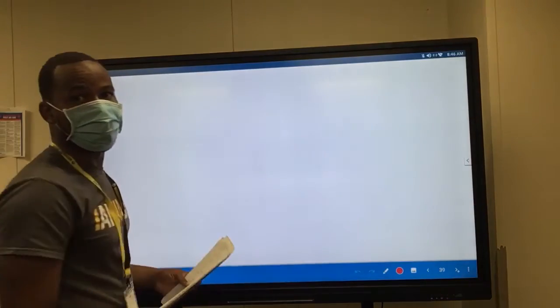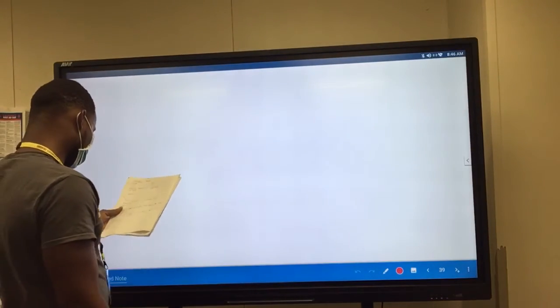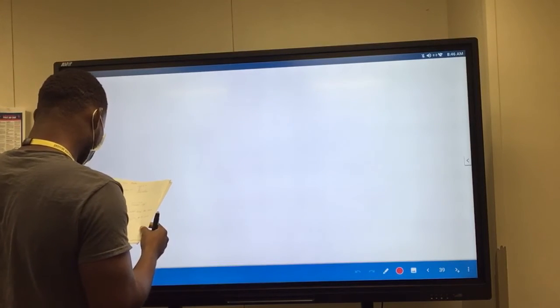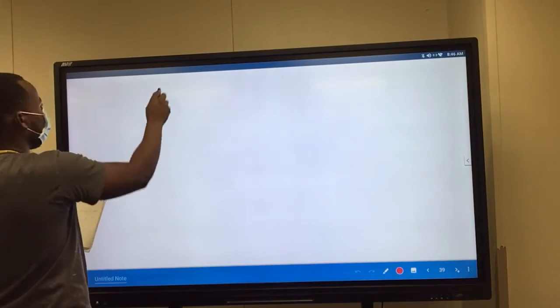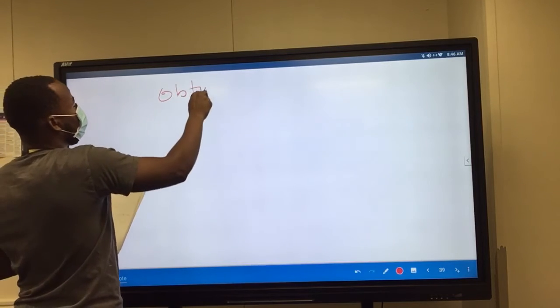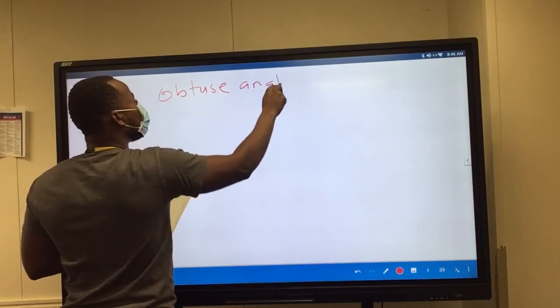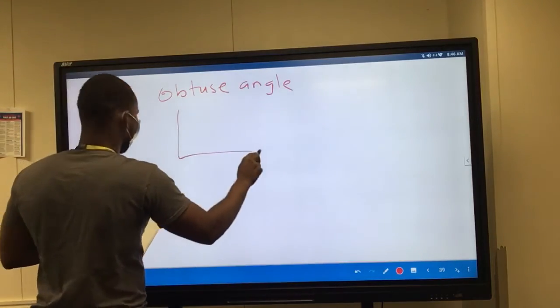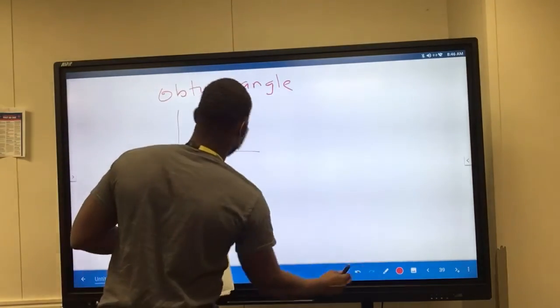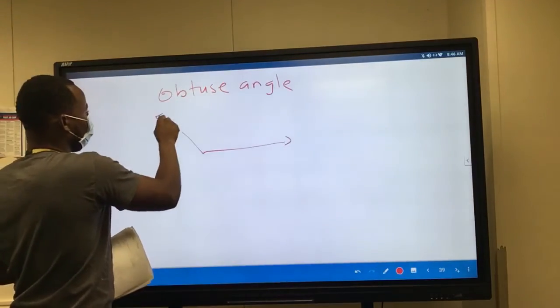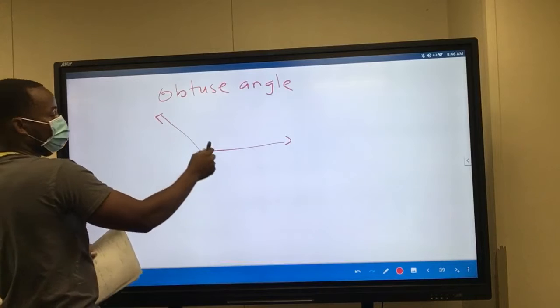What angle do we have more to look at? We have what we call the obtuse angle. They are mostly wider, so you notice that I did it this way because it is not 90, it's a bit further from the 90.